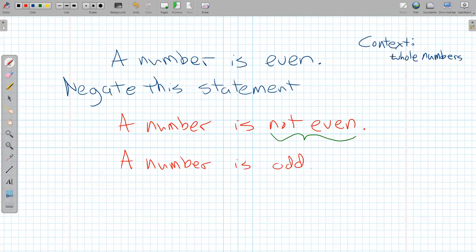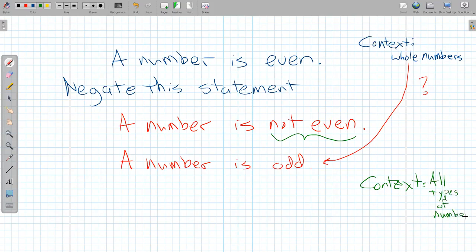Okay. So what if the context was not whole numbers? If it is whole numbers, then yeah, that would be a valid negation of this. But if the context was any number, so let's change the context, let's do that in green down here. Context definitely matters. All types of numbers.